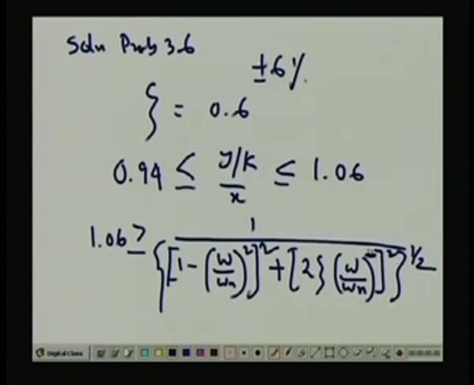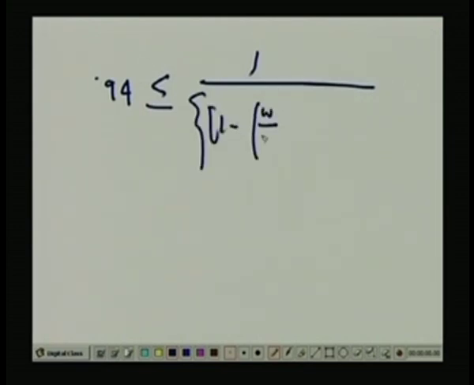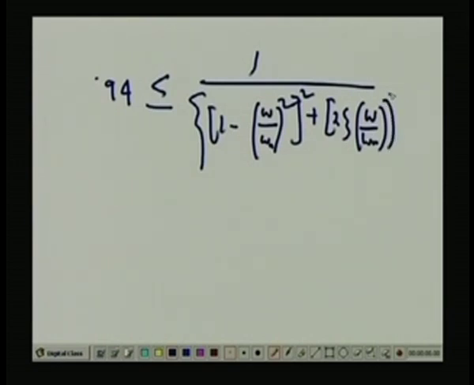And the other one is 0.94 less than or equal to 1 upon 1 minus omega by omega n whole square plus 2 xi omega by omega n whole square, to the power half.